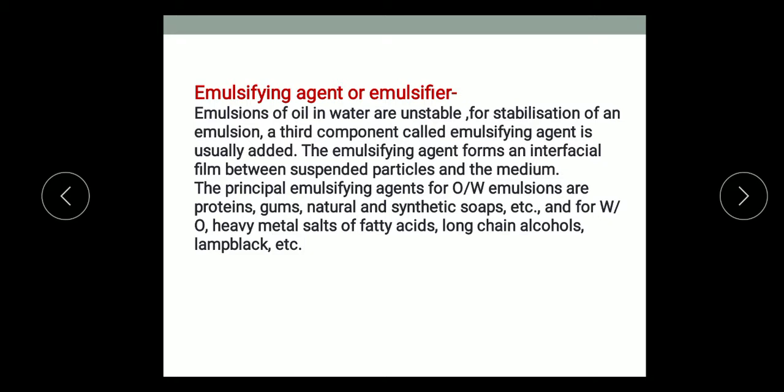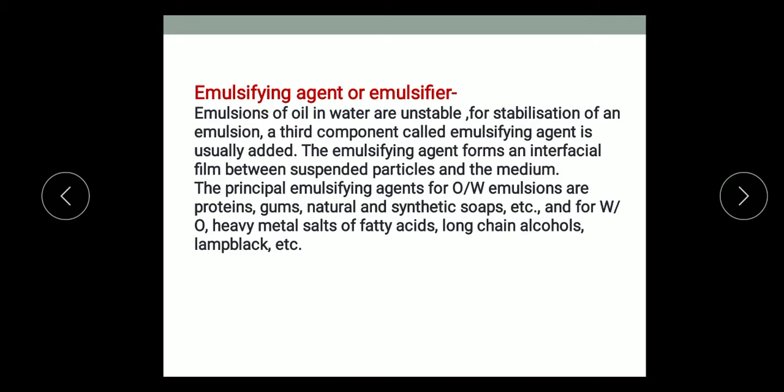So emulsions of oil in water are unstable, and for stabilization of an emulsion, a third component called an emulsifying agent is usually added. The emulsifying agent forms an interfacial film between the suspended particles and the medium.